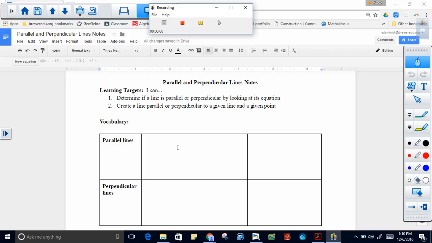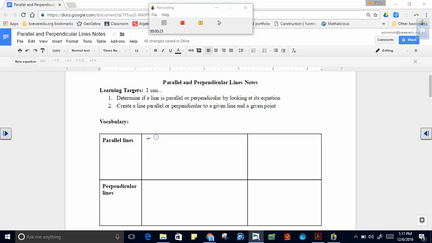So two important words to be able to know and manipulate: parallel lines, so lines that don't touch. If you needed a picture, my picture's not that great, but there's one, and there's two.